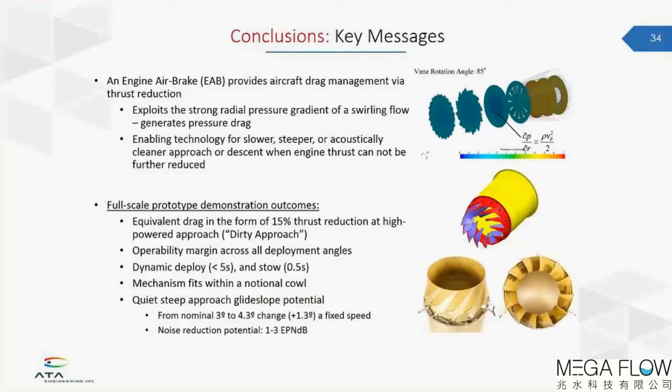The entire mechanism would fit within a notional cowl, and that we expect that a typical steep approach glide slope potential might be 1 to 1.5 degrees greater with a noise reduction potential of 1 to 3 decibels.